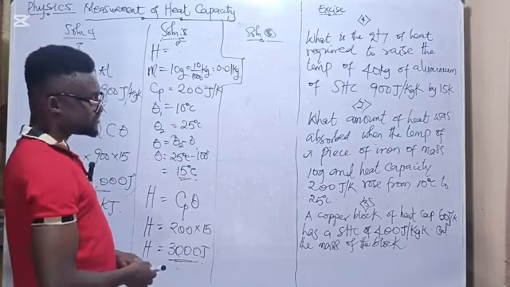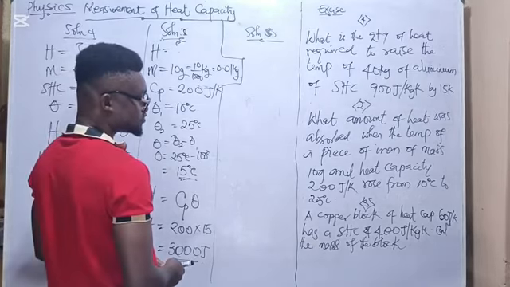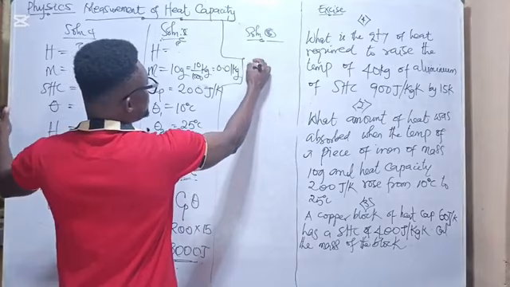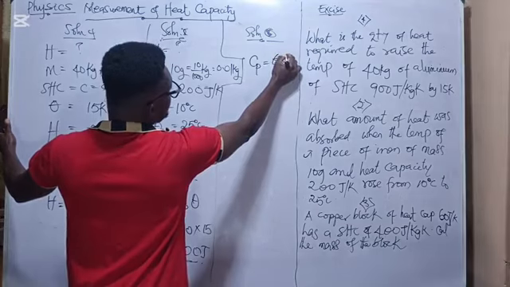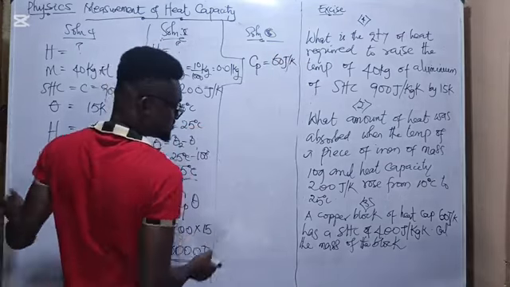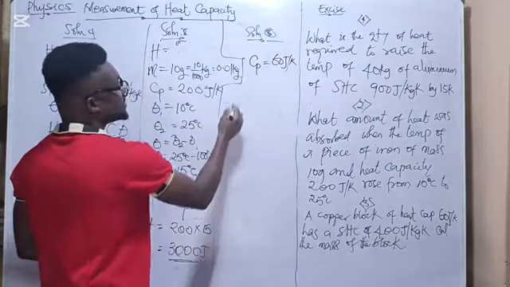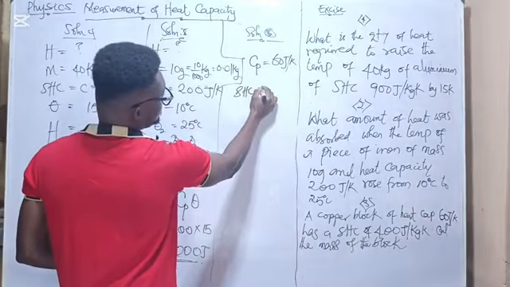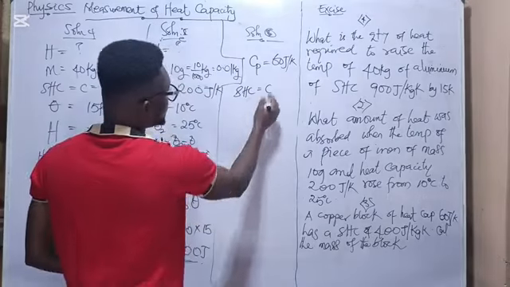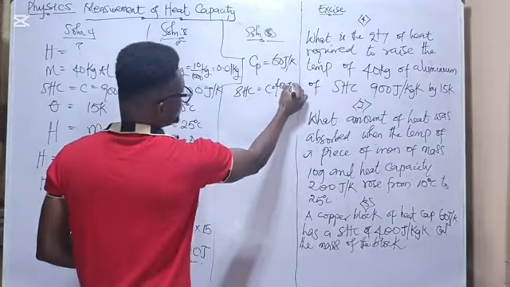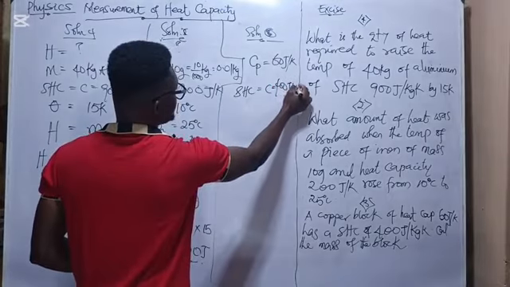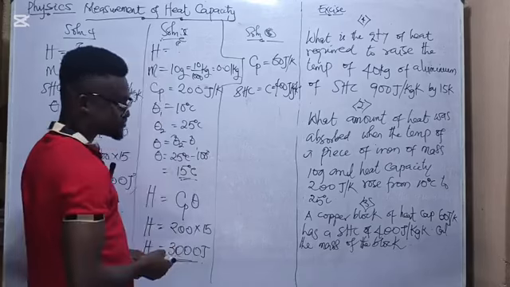So we write down the parameters. A copper block of heat capacity. So we have the heat capacity as 60 joule per Kelvin. Has a specific heat capacity to be 400 joule per kilogram per Kelvin, okay?